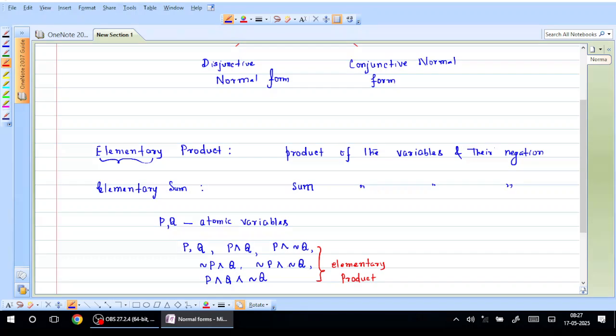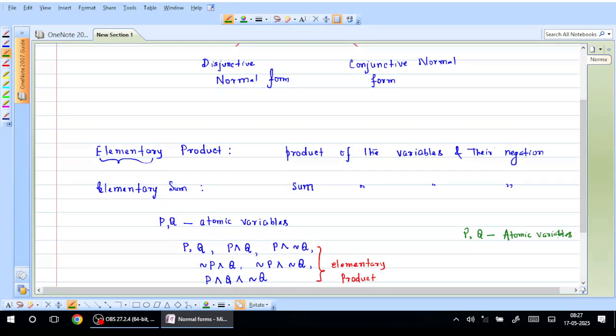Similarly, when we go for the sum, the meet here can be replaced by the join symbol. Again, I consider P and Q as my atomic variables, and then I can have the atomic variables themselves, P and Q, and the join of the variables or their negation.